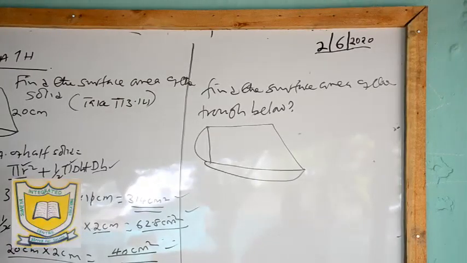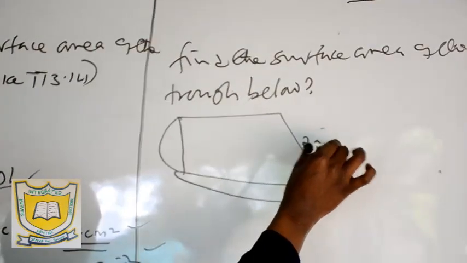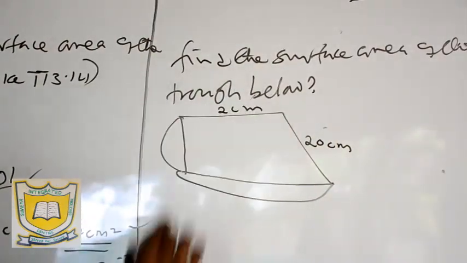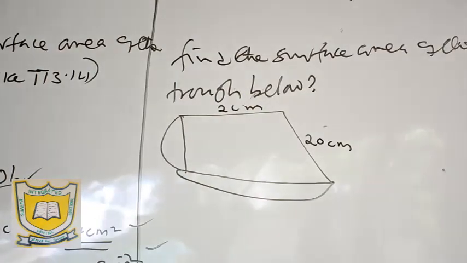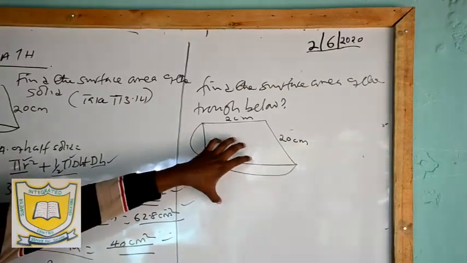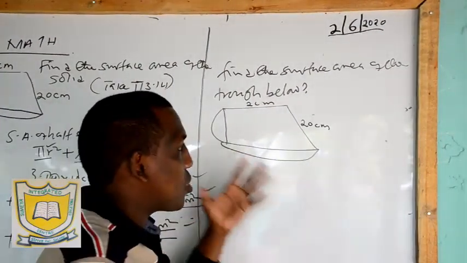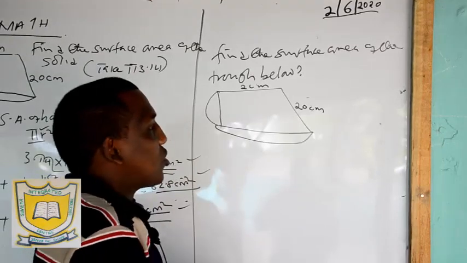Let us see now, here is 20 centimeter, and here is 2 centimeter. So let us do it now when it's a trough. The same dimensions we used when we were doing the half solid.